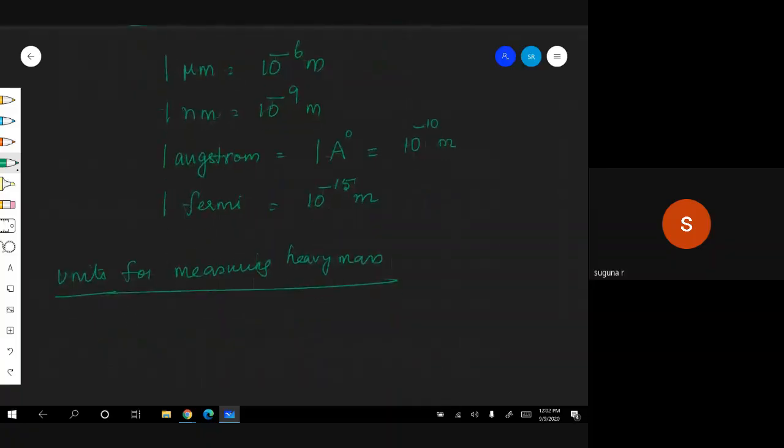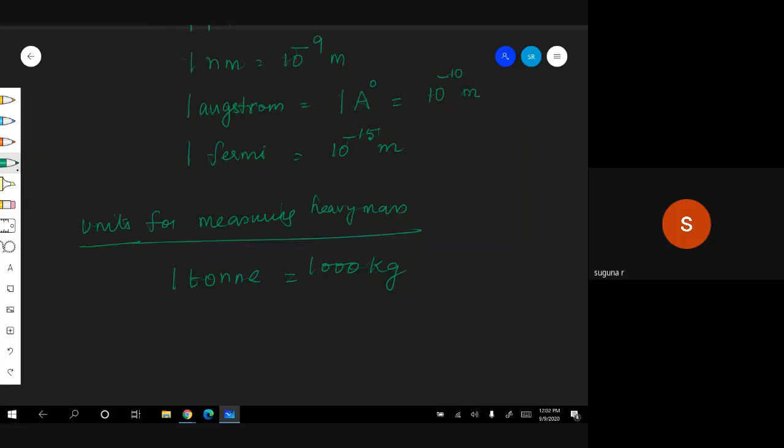Ton. Correct? 1 ton. I think you are familiar with this. What is 1 ton in kilogram? 1000 kg. Right. Then quintal, 100 kg.